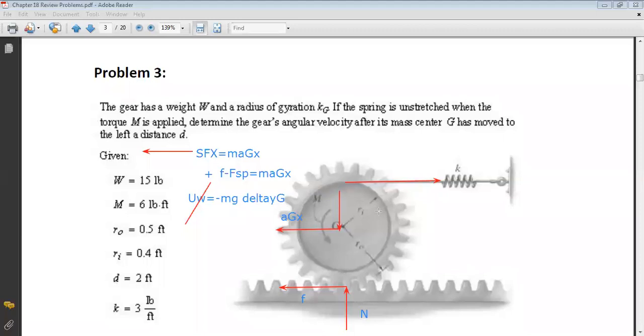M is tending to rotate my gear in the counterclockwise direction, while F is doing a moment about G in the clockwise direction. So here, the spring and the friction are trying to oppose rotation, which is driven by couple M, while the translation of G is driven by the friction F and opposed by the spring.